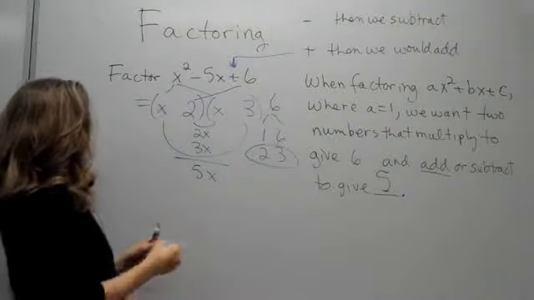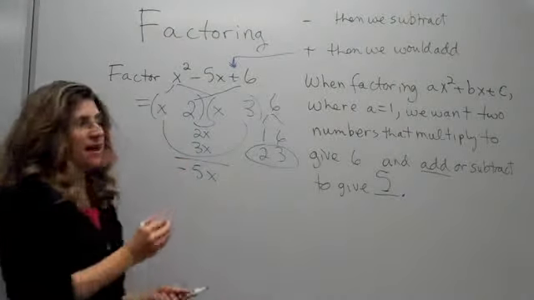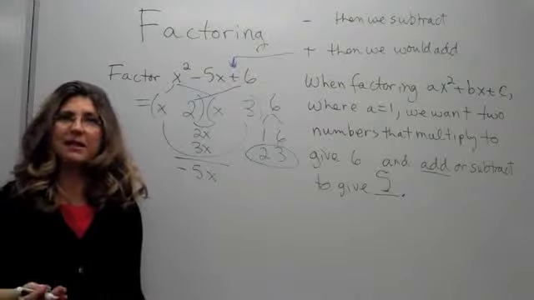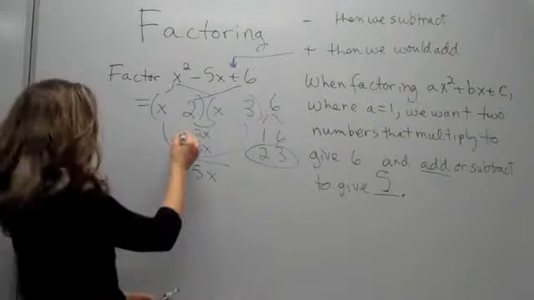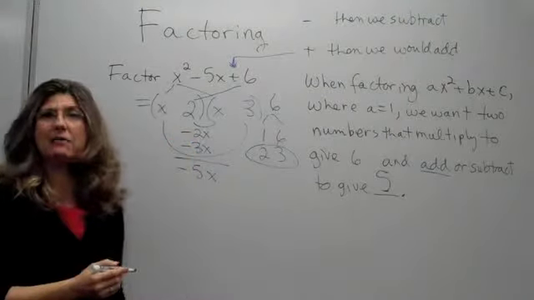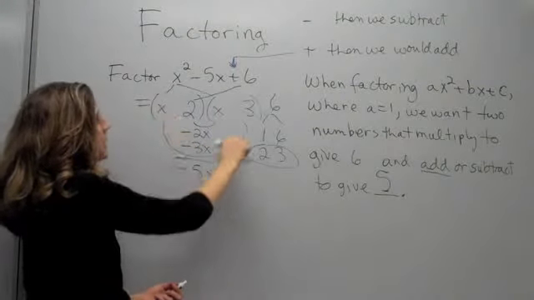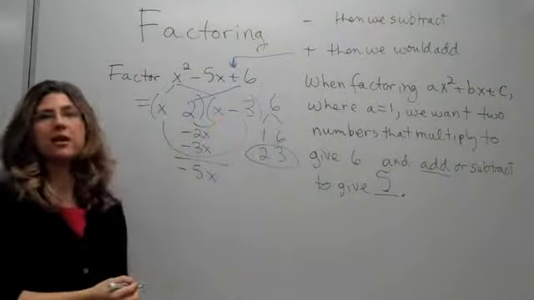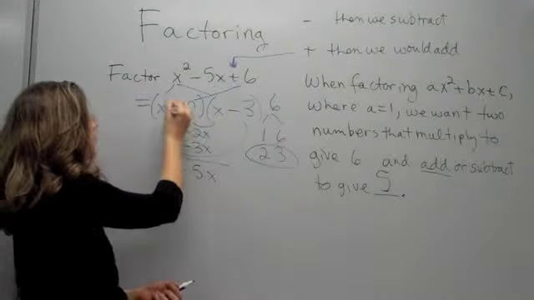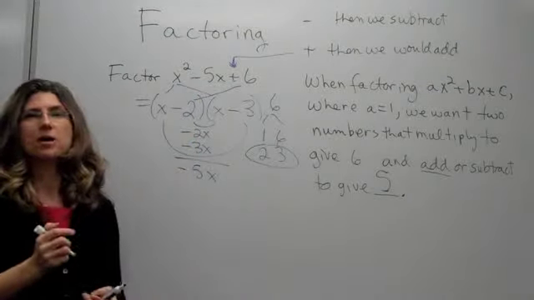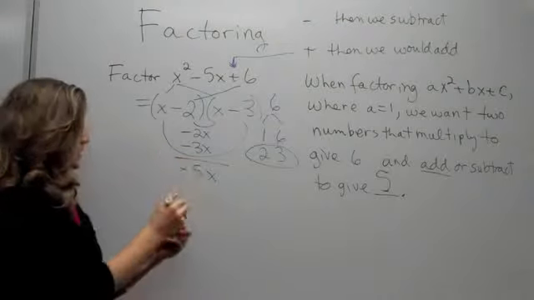But we don't want plain 5x, we want negative 5x. So what does the sign need to be for 2x and 3x? Well, both of these need to be negative, right? So in order to make negative 3x happen here, we'll put in a negative here. In order to make the 2x negative, we'll put in a negative here. And this will give us the factorization.